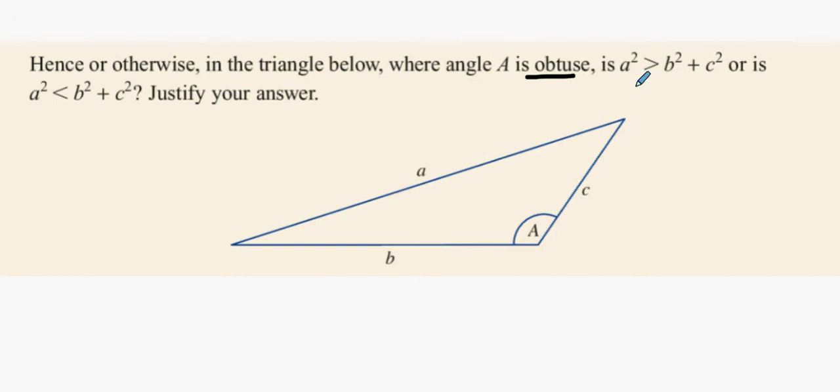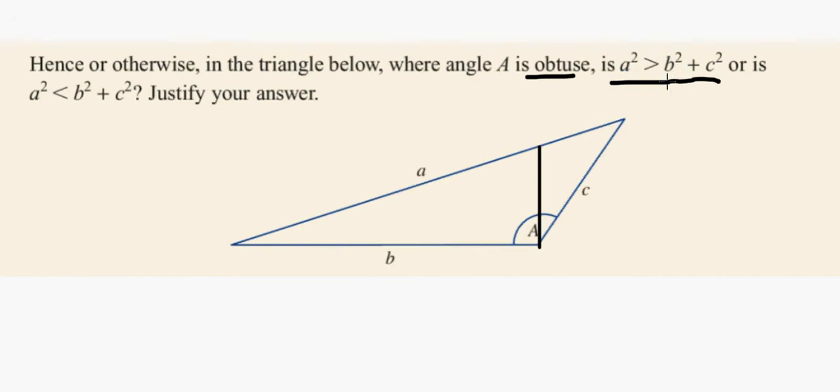Now, we know for this triangle, A squared is greater than B squared plus C squared. Purely because if you had a right angled triangle, that's where it stopped, wouldn't it? But it's longer. You can see that the hypotenuse has been made longer, so it's no longer a right angled triangle. This means that A squared will be bigger than B squared plus C squared.